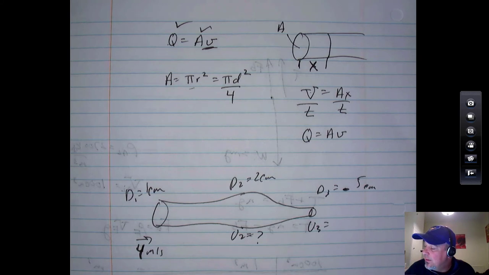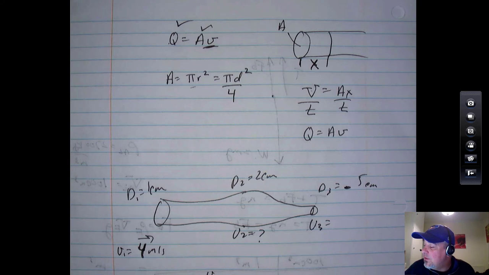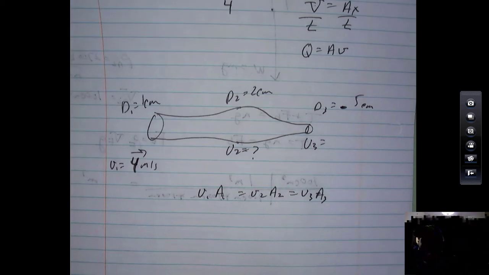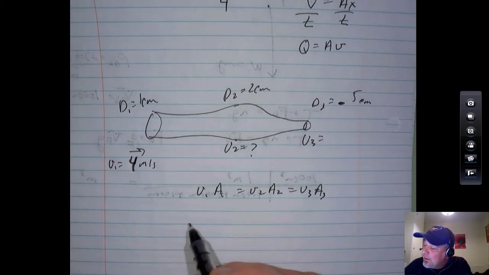So the way I could do this, I'll just call this one V1. V1 times area 1 has got to be equal to V2 times area 2, that's V3 times area 3, because the volume flow rate doesn't change. Now, remember the area, let me take another step here.